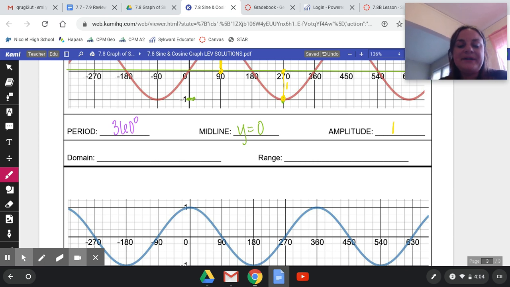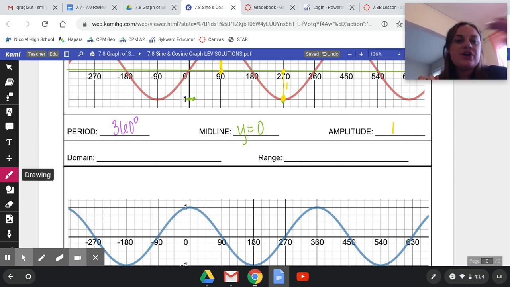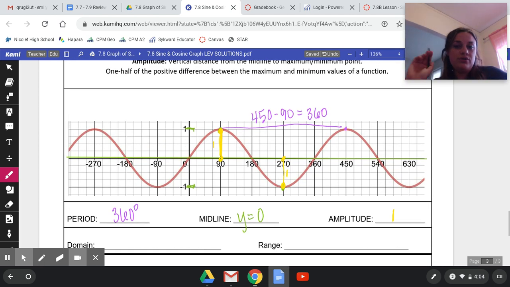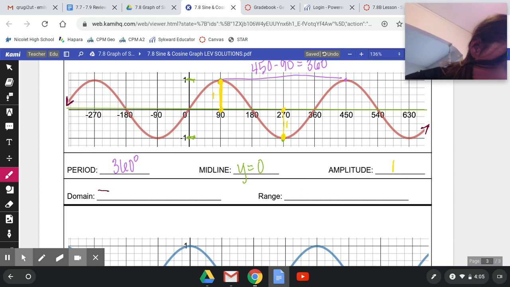All right, now domain and range, we have been talking about this since the first unit. My domain is how far left and how far right it goes. This is going to keep on going to the left, and it's going to keep on going to the right. So my domain is all real numbers: negative infinity less than x less than infinity.